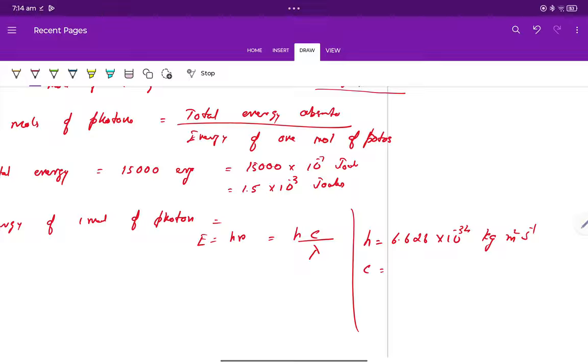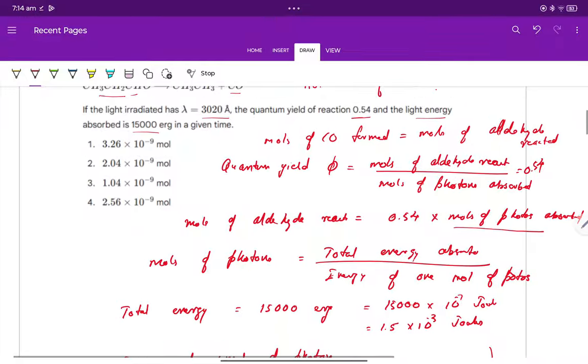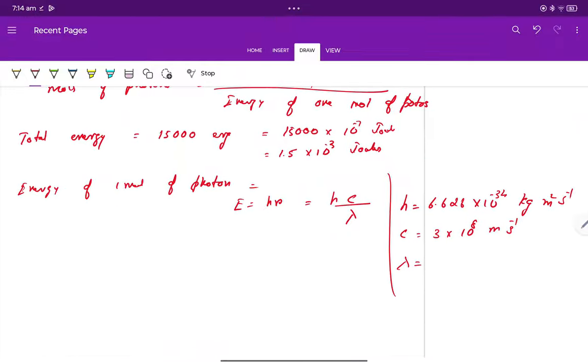The velocity of light is 3 into 10 to the power of 8 meter second inverse. Lambda in the problem is 3020 Angstrom, which is 3020 into 10 to the power of minus 10 meter.